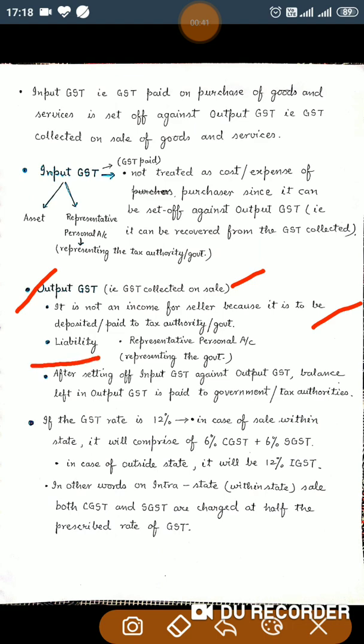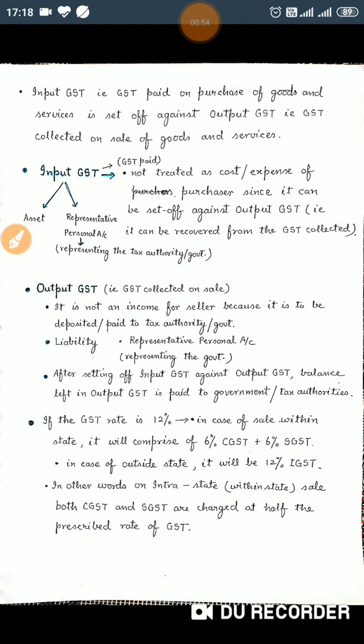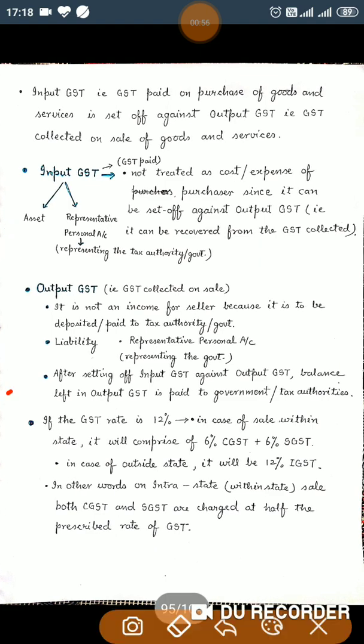And from the conventional point of view, the nature of this account is a representative personal account representing the government. After setting off input GST against output GST, the balance left in output GST is paid to the government as a tax authority.